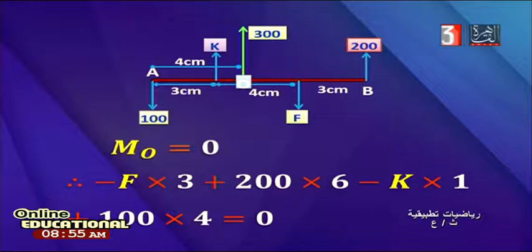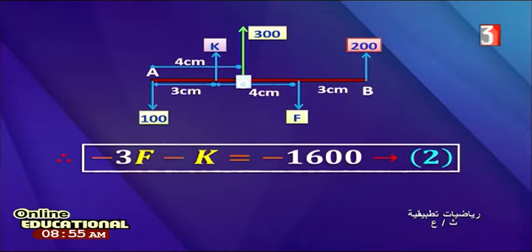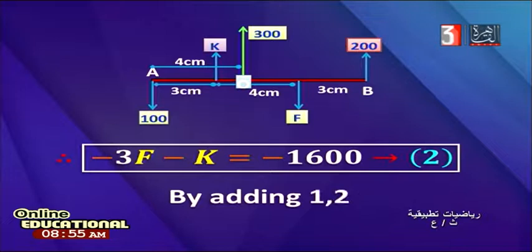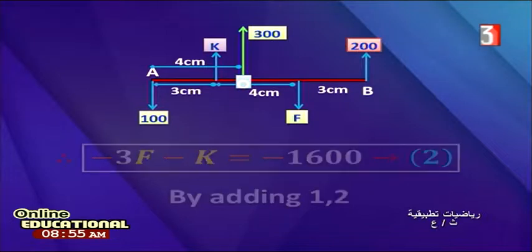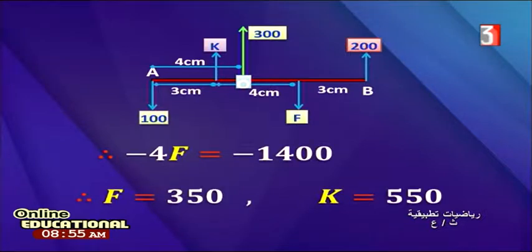The distance between K and O is 1. Therefore, the second equation: negative 3F minus K equals negative 1,600. By adding equations 1 and 2, or substitution method, or elimination method, F equals 350 and K equals 550.